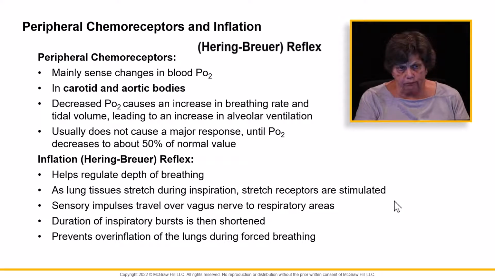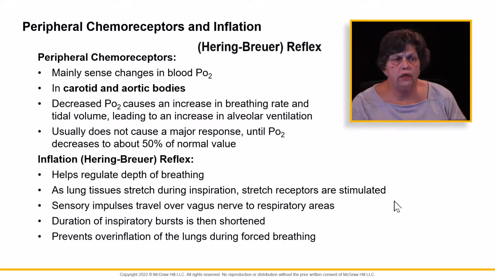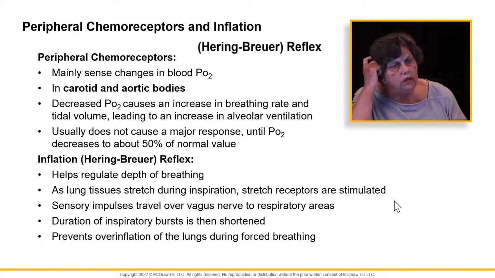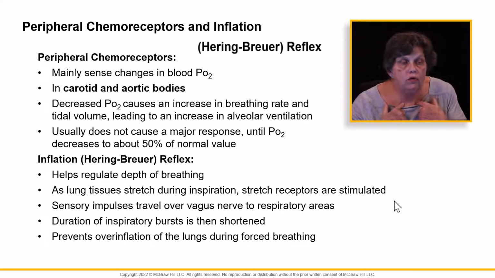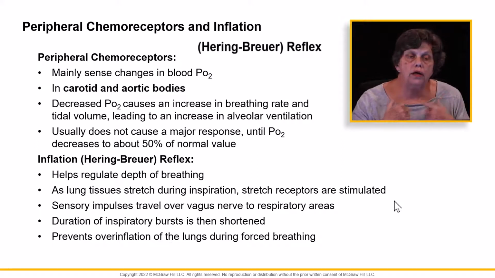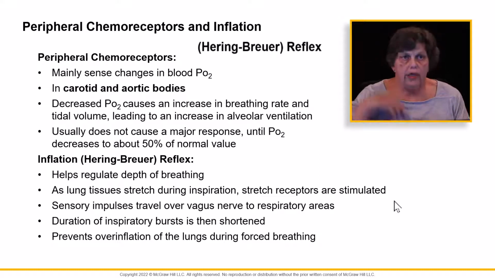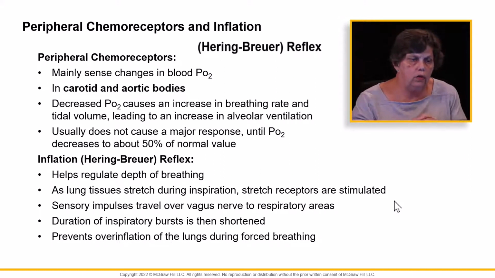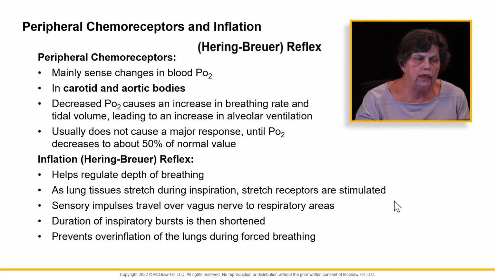Okay. So we do have these chemoreceptors, as I mentioned. They sense changes in PO2, and these are in the carotids and the aorta, because we want to know, the blood that's going out of the heart that we're pumping, what does it look like? So we're looking at that.